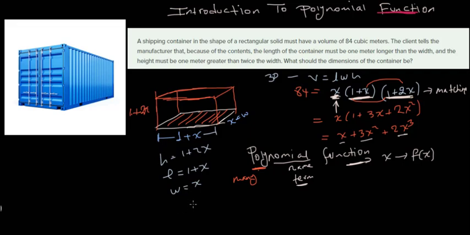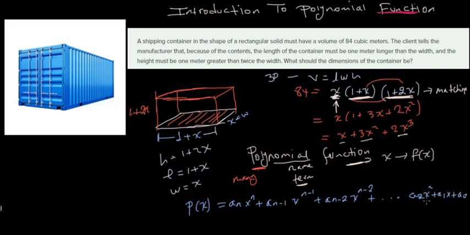So a polynomial function, let it be P. It could be represented by capital P, or capital P, H, T. It's a convention. P of x is defined as a_n x to the power of n plus a_(n-1) x to the power of n minus 1 plus a_(n-2) x to the power of n minus 2 plus, and this continues until you get a_2 x squared plus a_1 x plus a_0.